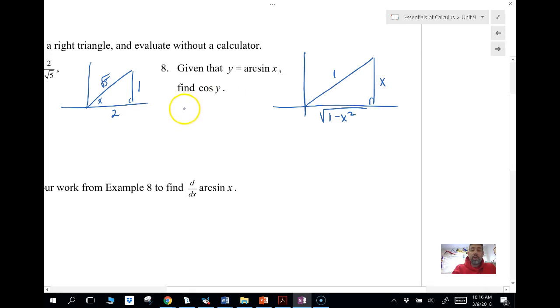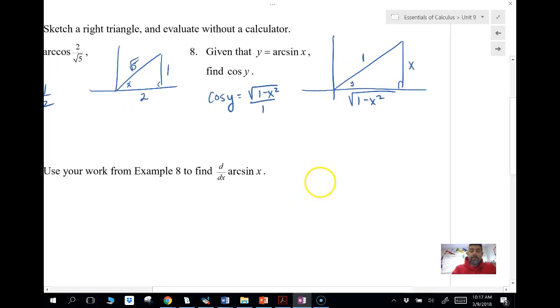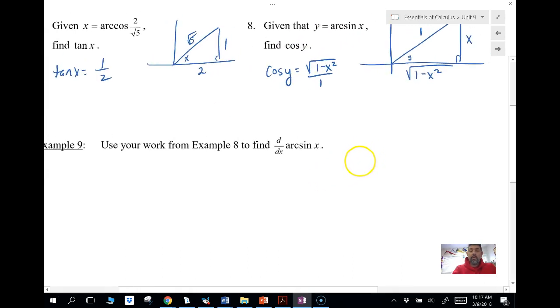Cosine y is equal to the adjacent over the hypotenuse, which is 1. We'll call this y here. Okay, so let's take a look at what I'm trying to say here.